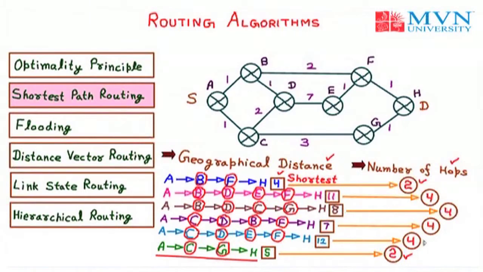So we have different aspects, maybe geographical distance or maybe the number of hops. You can take any of the aspects you want, that will be up to your requirement. So that is all about shortest path routing based upon the 2 techniques, geographical distance and the number of hops.